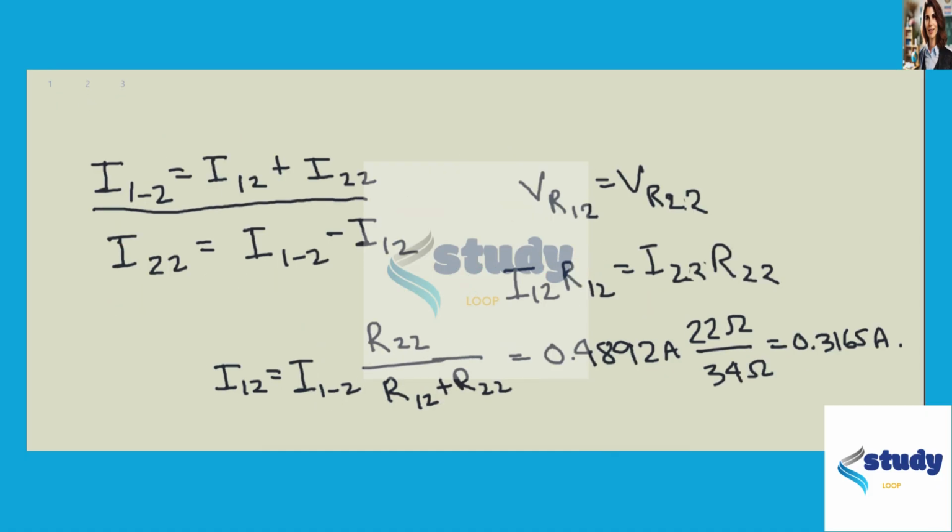This is the hint for getting I12, the current passing through the 12 ohm resistor. First we're trying to replace I22, so we're writing I22 in terms of I123 minus I12.